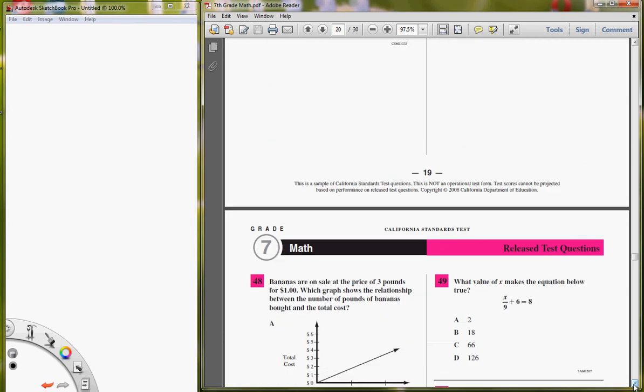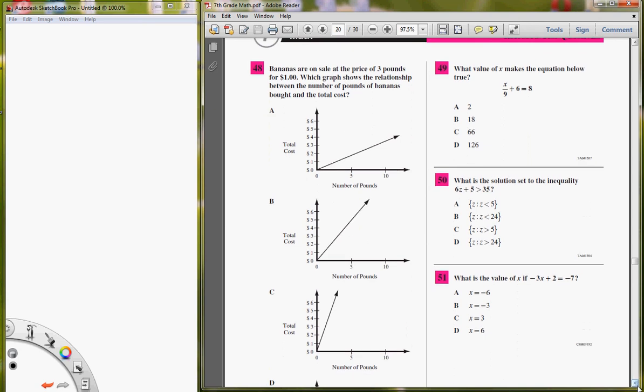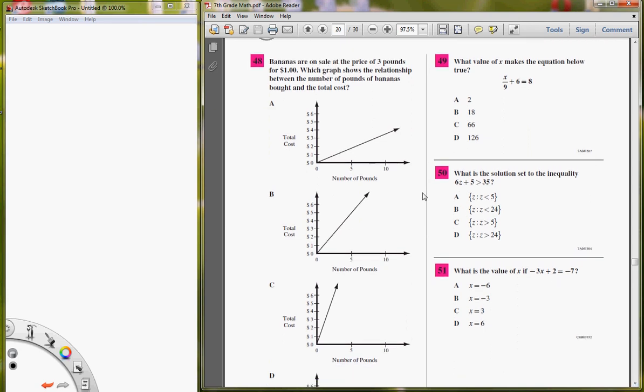Now question number 48. Bananas are on sale at the price of $3 for 1 pound. Which graph shows the relationship between the number of pounds of bananas bought and the total cost? If you look at this graph, dollars are on the y-axis, number of pounds on the x-axis. If I draw the line at 1, it is coming almost to 3 here. At 2, it will come at 6.